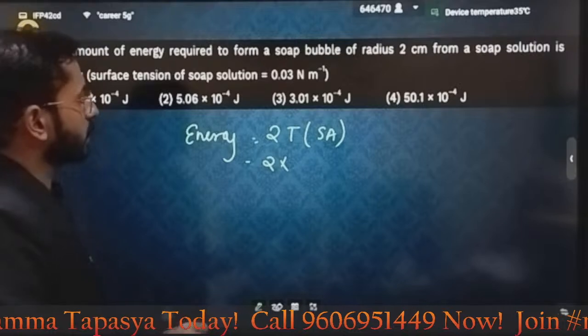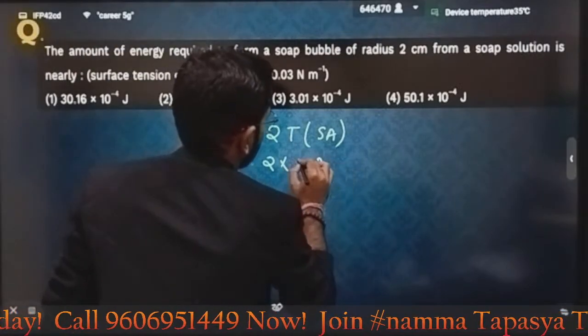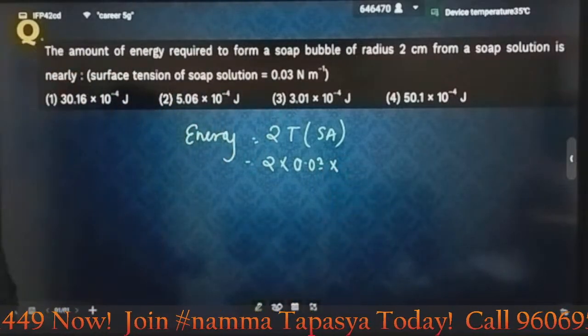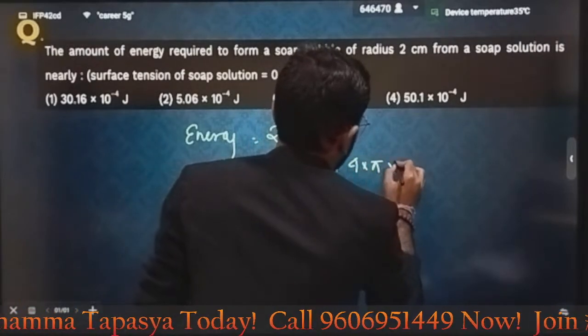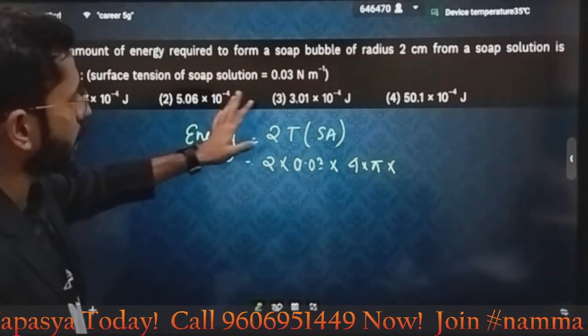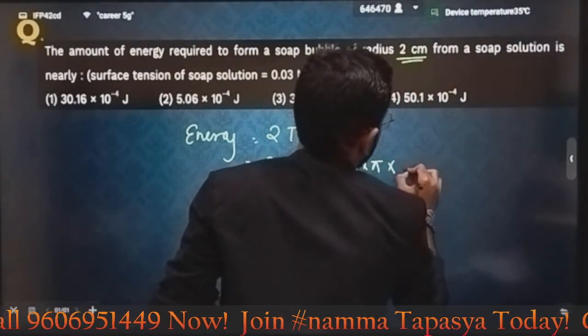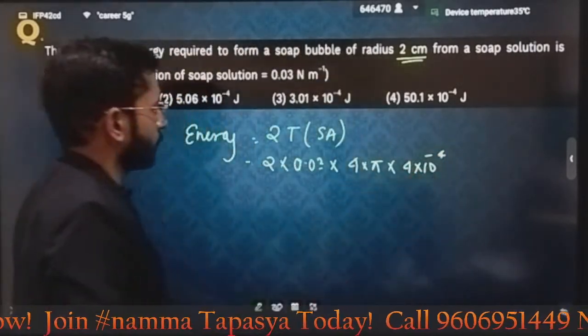T is the surface tension, which is given as 0.03, into the total surface area of a sphere, 4 pi r square. Radius 2 centimeter, r square will be how much? It will be 4 into 10 power minus 4. This is what you have to solve.